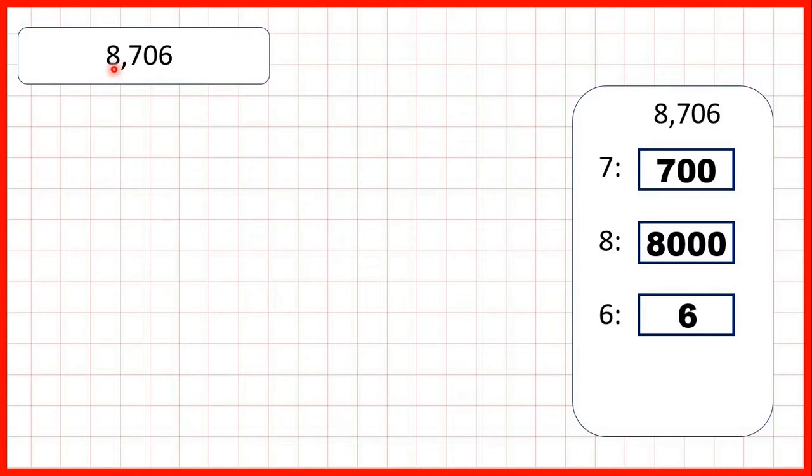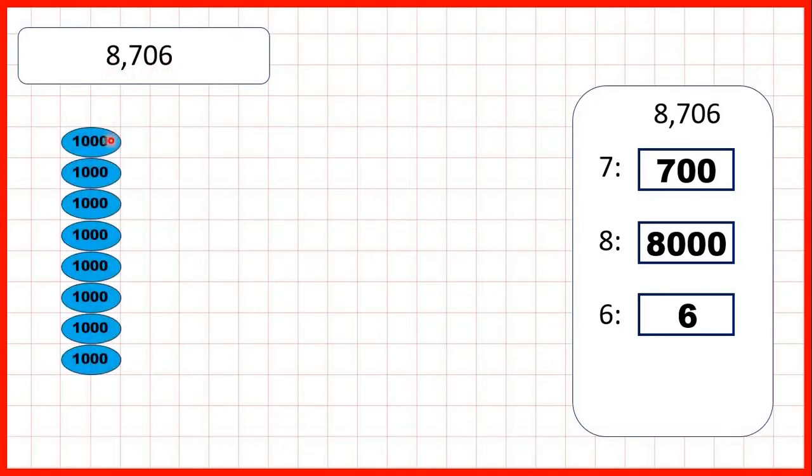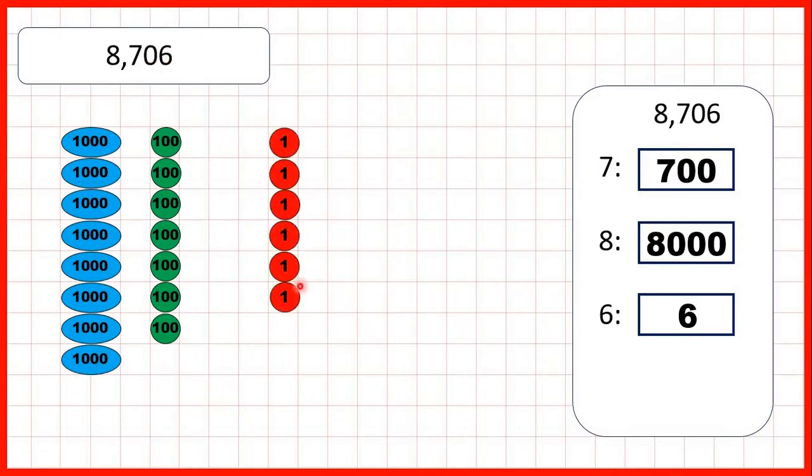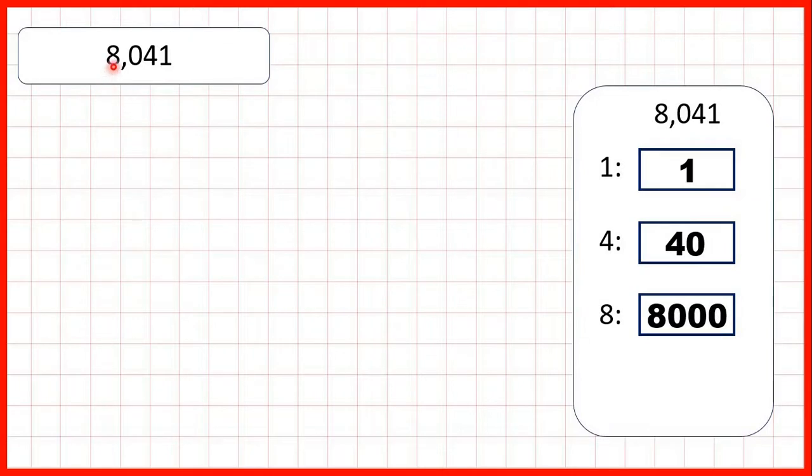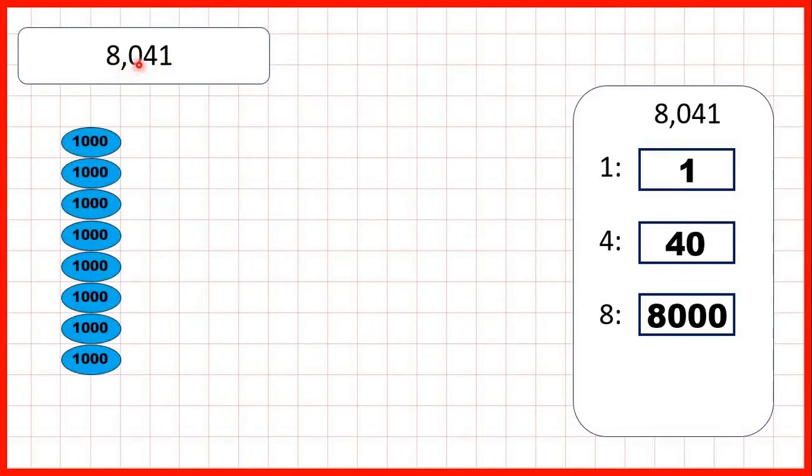Now for the number 8,706, the 8 represents 8,000s, the 7, 700s, the 0 doesn't represent anything at all, and the 6 represents 6 ones. Then for 8,041, we have 8 thousands, no hundreds, 4 tens, and 1 one.